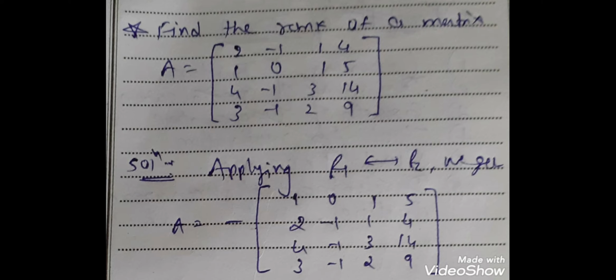Similarly, if we multiply the first row by minus 4 and add into the third row, we get the first entry of the third row as 0, the second entry as it is, minus 4 plus 3, that is minus 1, and then minus 20 plus 14, that is minus 6. So 0, minus 1, minus 1, minus 6. And similarly, if we multiply the first row by minus 3 and add into the fourth row, then again we get the entries of the fourth row as 0, minus 1, minus 1, minus 1.